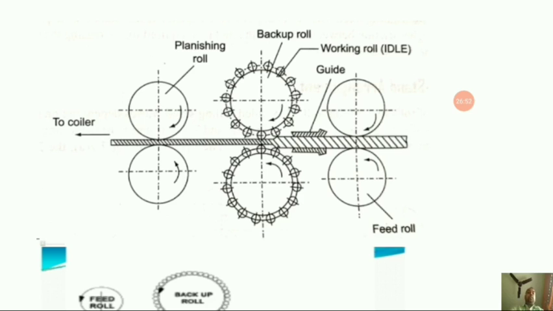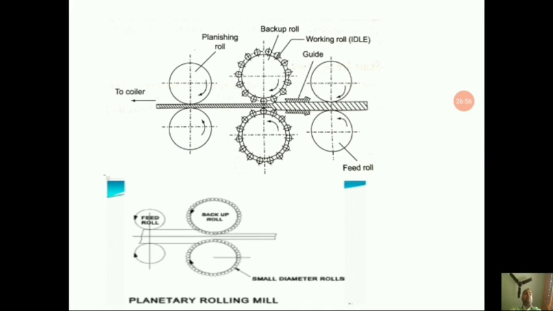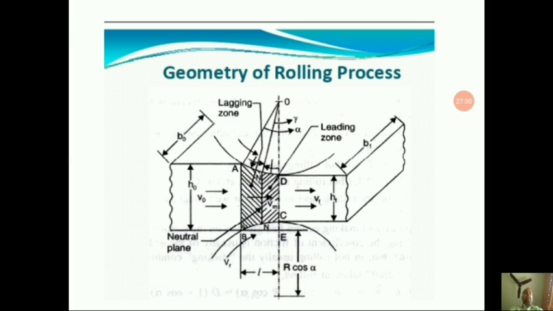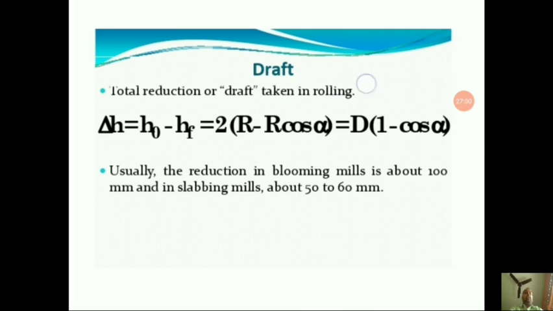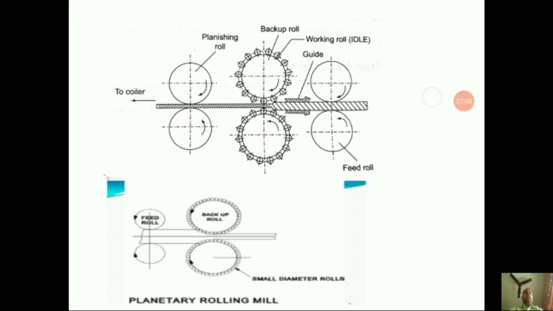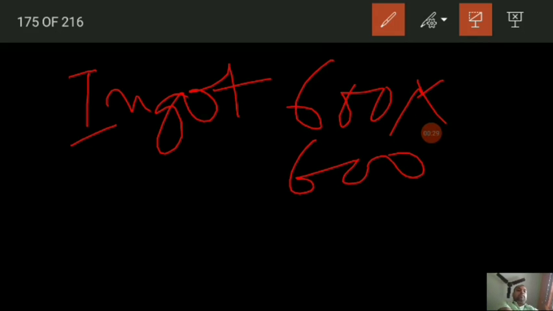Now the steel coming out of a blast furnace or a remelting shop is in the form of an ingot, which has a cross section of the order of, as I earlier told you, I will just write it for you. It will have a cross section of 600 into 600 millimeter.